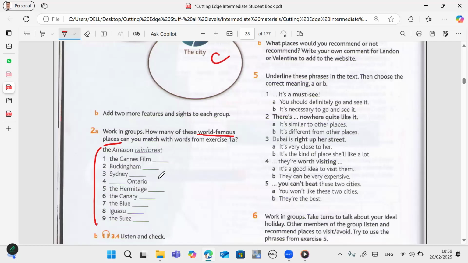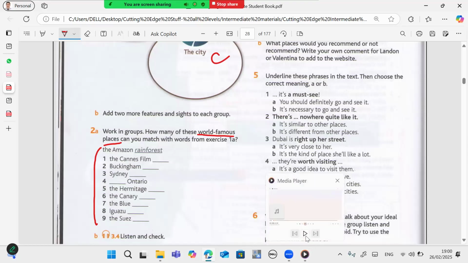The Blue Mosque in Istanbul is probably the most famous mosque in the world. 8. The Iguazu Falls are on the border of Brazil and Argentina. They are the second largest waterfalls in the world. 9. The Suez Canal in Egypt links the Mediterranean and the Indian Ocean. It is one of the busiest canals in the world.